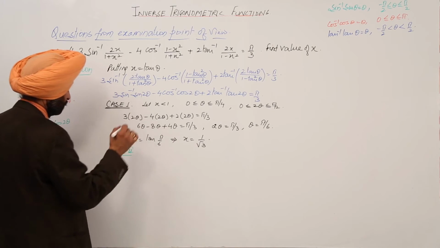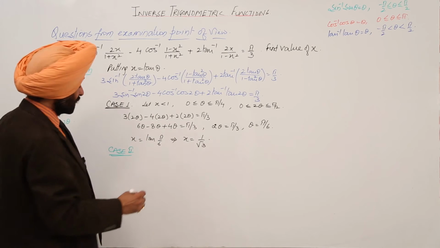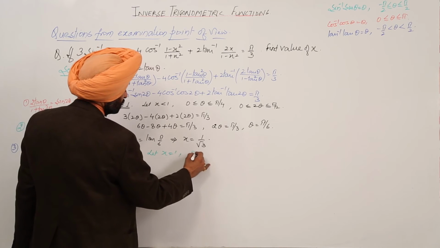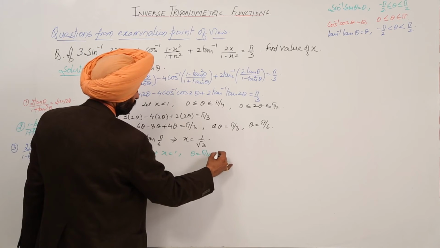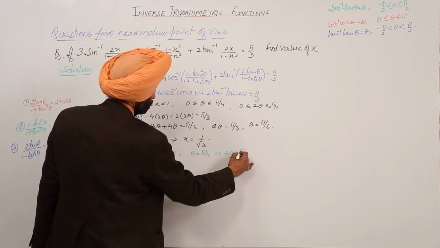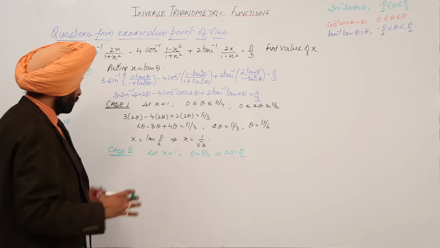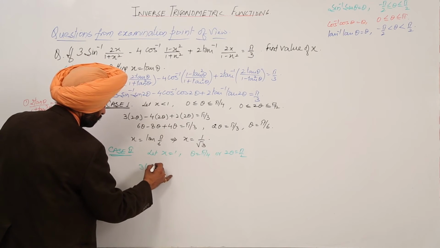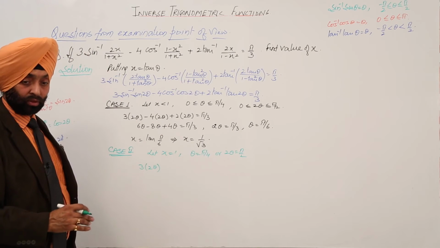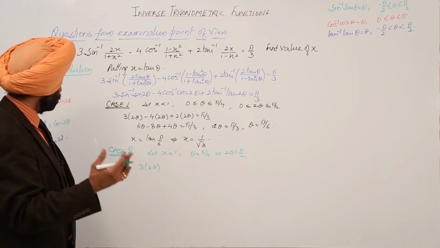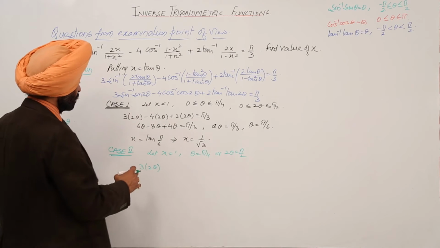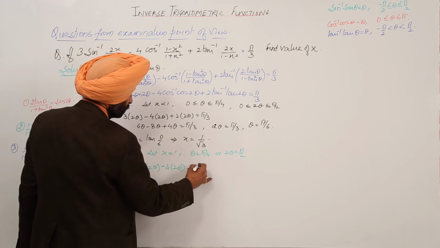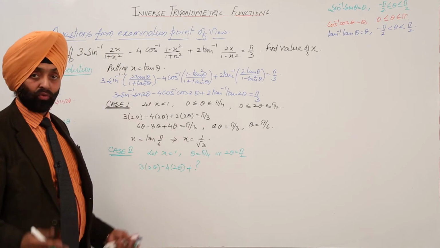Case 2. Now here it was x less than 1, here it becomes x equal to 1, then theta is equal to pi by 4, or 2 theta is equal to pi by 2. Now in the question, 3 sin inverse sin 2 theta, we can write it or not. If we proceed with 3 sin inverse sin 2 theta minus 4 cos inverse cos 2 theta plus, what about this part?